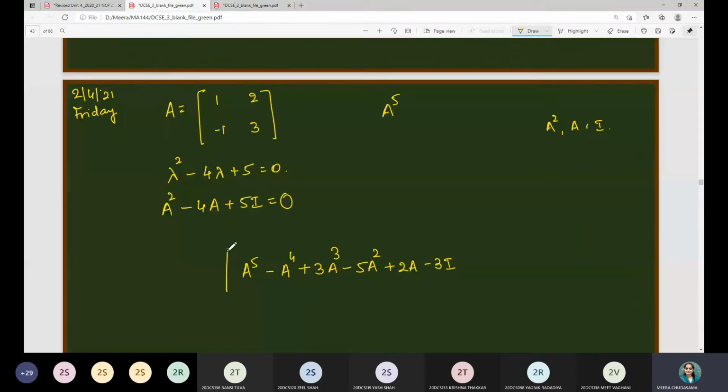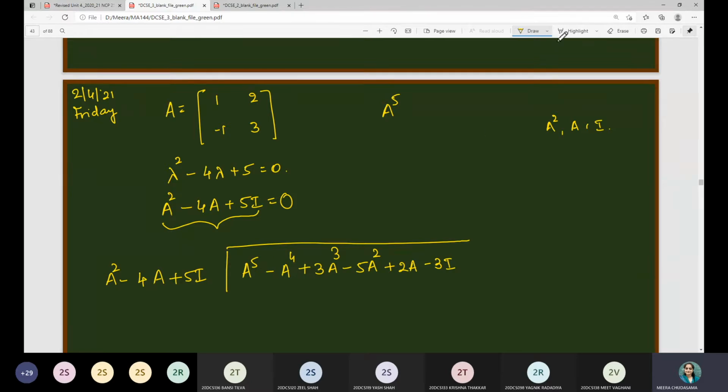So for that, I will consider this which we want to convert in terms of the lower power, and the equation you have on the left hand side using the Cayley-Hamilton theorem, you consider as a divisor, means in this case it will be A square minus 4A plus 5I, right? So now we'll consider the factors such that this first term A raised to 5 we make 0.